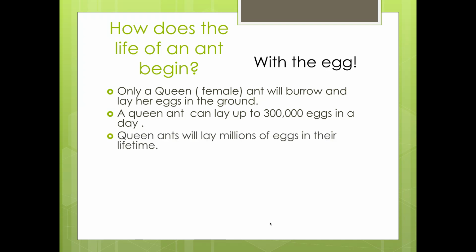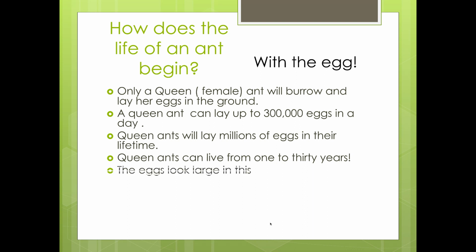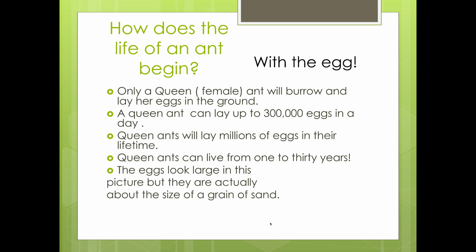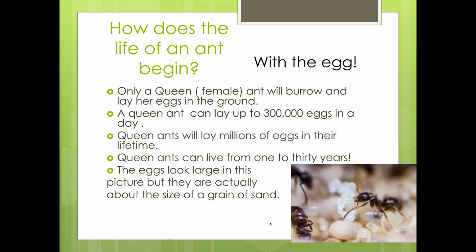Queen ants will lay millions of eggs in their lifetime. Queen ants can live from 1 to 30 years. The eggs look large in this picture, but they are actually about the size of a grain of sand.